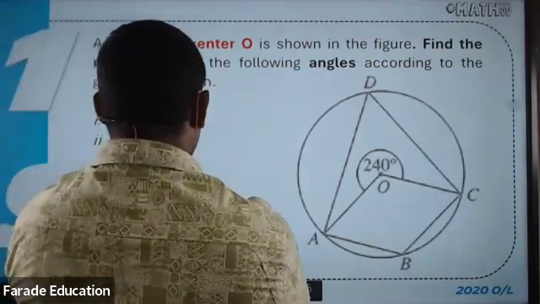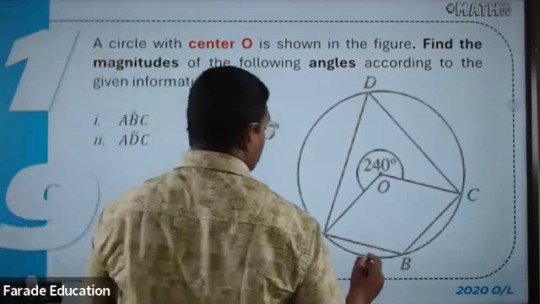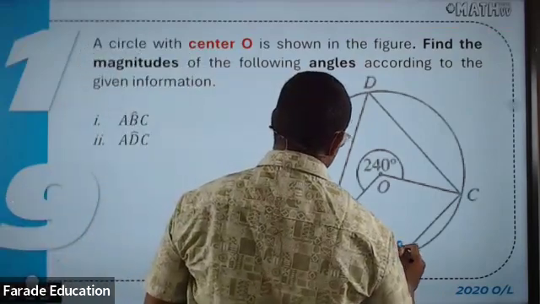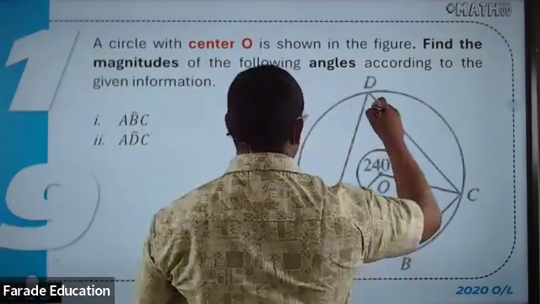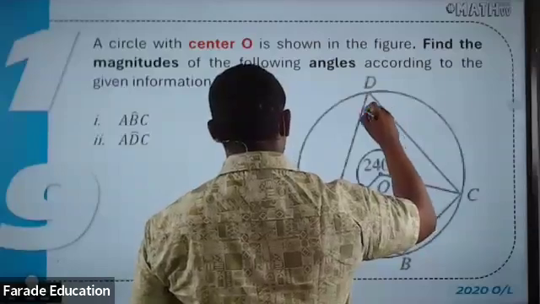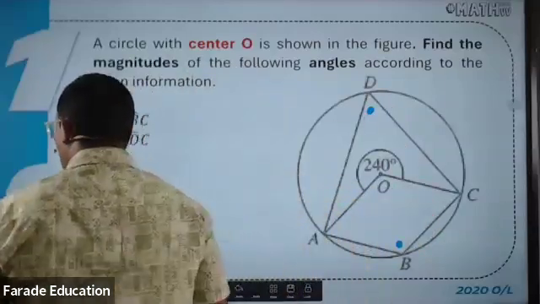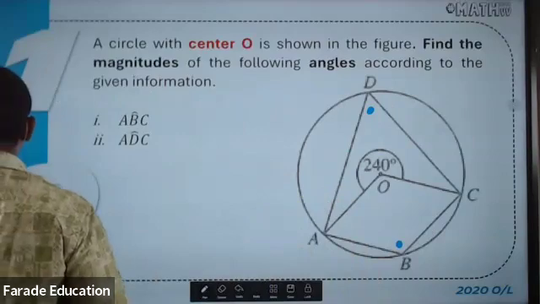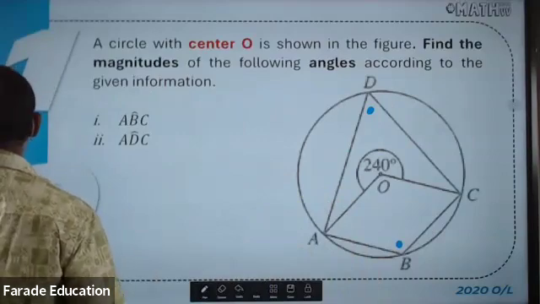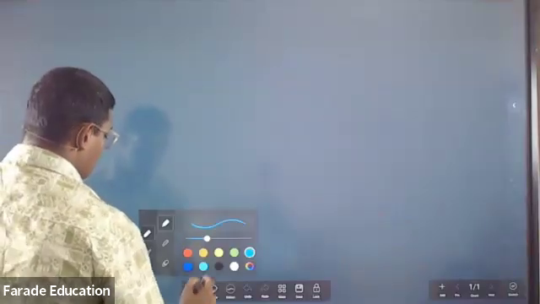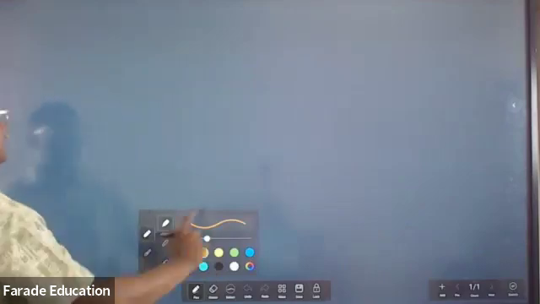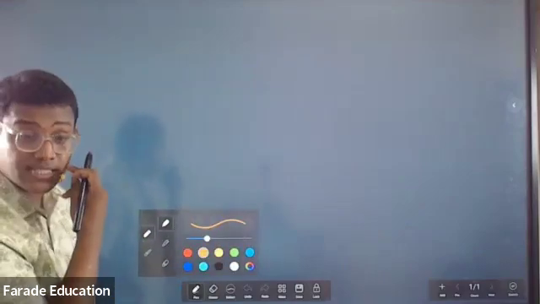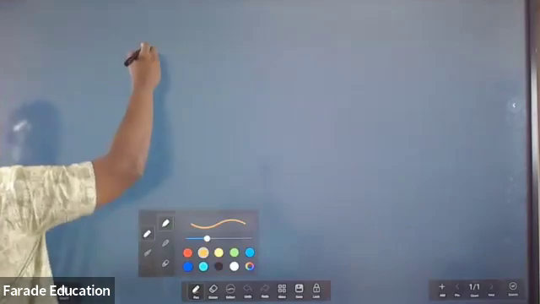ABC and ADC. So they want us to find ABC, that is this, and ADC, that is this. Okay. For this, we need to know a theory that we study in grade 10. This is coming under angles in a circle, in circle geometry.